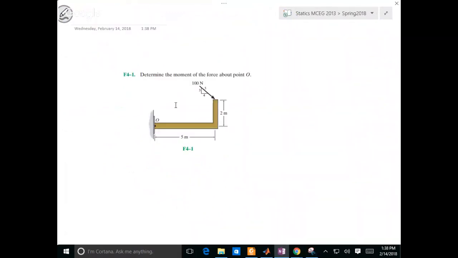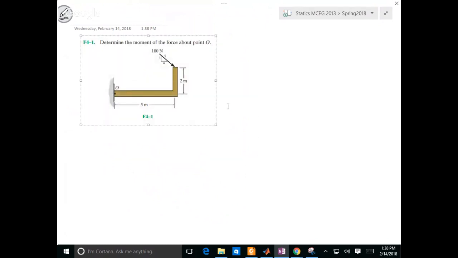He says, find the moment about point O, and this is what I'm going to do. About point O, I'm going to draw a vector from here to here. Now, he drew this vector, the application right here, it could have been drawn on this side just as easily. So what's the vector? Vector is equal to 5I plus 2J, and it's in meters.